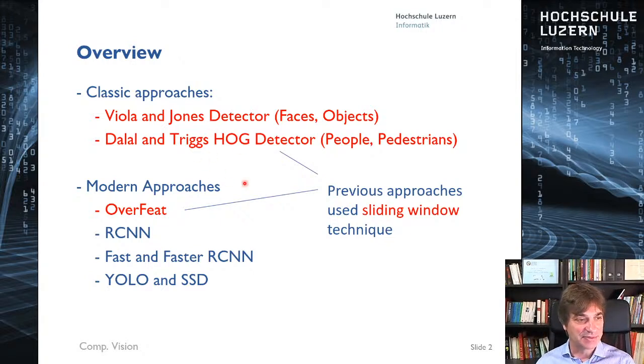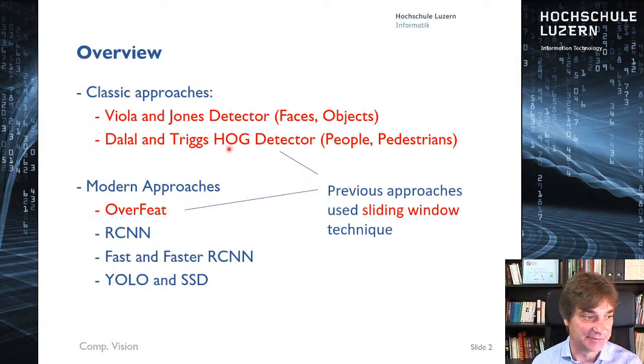Maybe a bit less clear, in the histogram of gradients detector there is also some benefit in the fact that the features are already calculated in a grid over the image. When you look at a specific region, you just use the previously calculated features for that region, and you don't have to calculate all the features again.